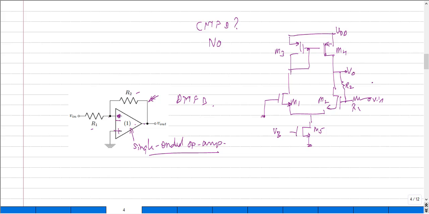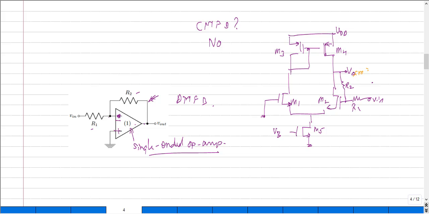So now, what is the common mode output voltage in this particular circuit? Let me change the color. What is the common mode component, or the DC component, at the output voltage?